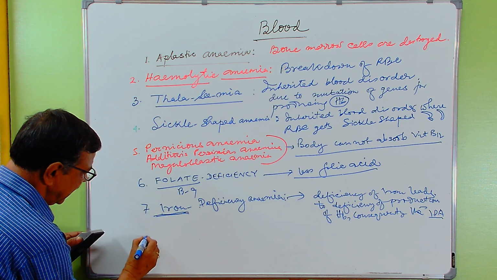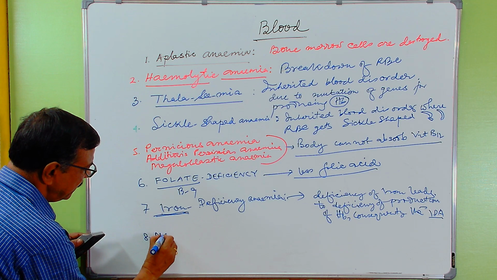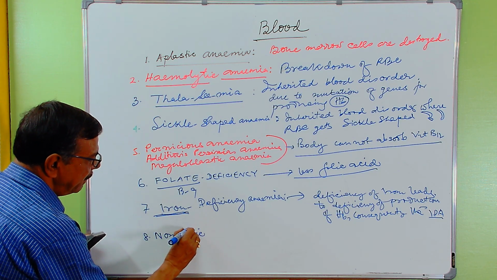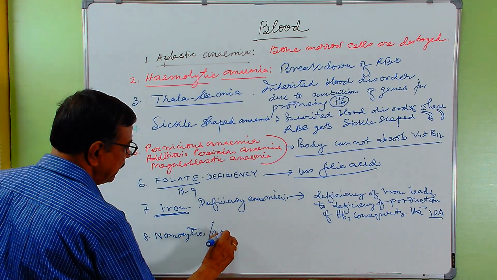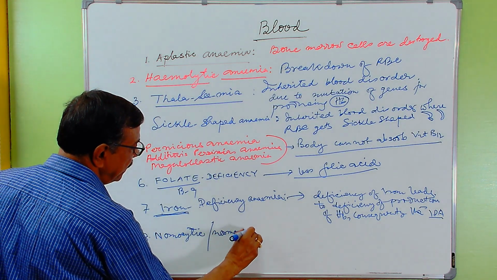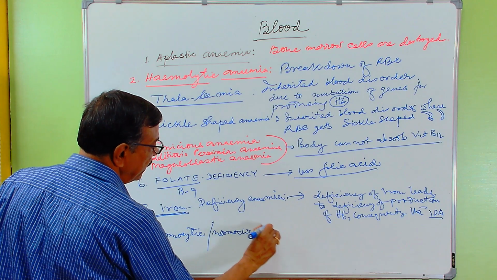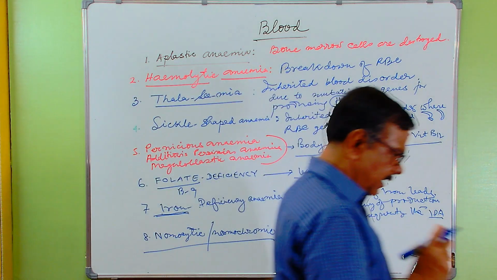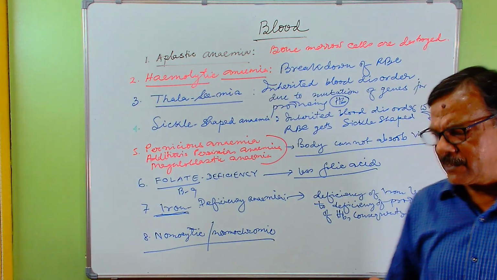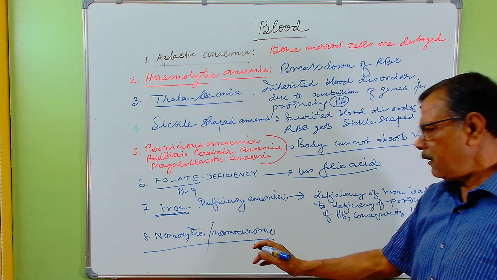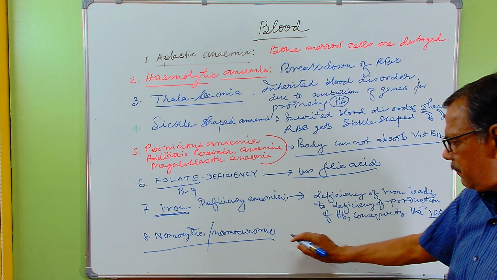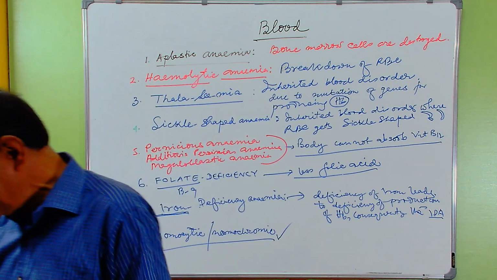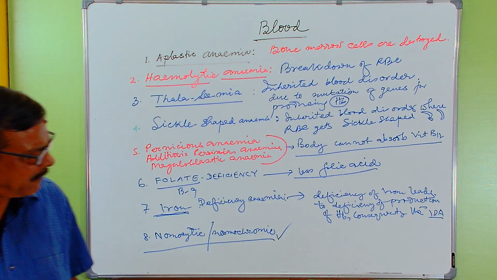Another term is there: normocytic normochromic. You have come across some blood reports. The laboratory technicians used to write normocytic. What is the hemoglobin? How much hemoglobin? They write normocytic, normochromic. Fewer RBC than normal.